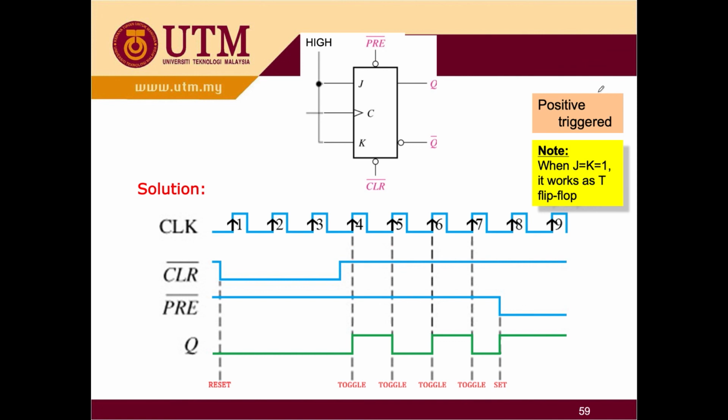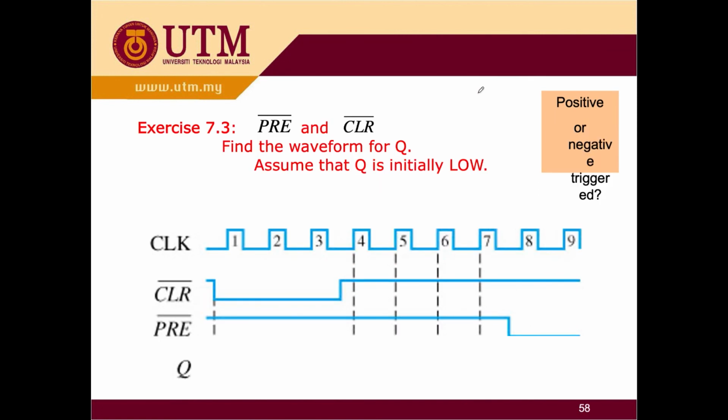You can refer to the symbols at your flip-flop, and yes, you can see that you only consider your clock when it's having the 1 value for your clear and preset. So please make sure you understand it, why you do not consider your clock here. And this part, where is my microphone?